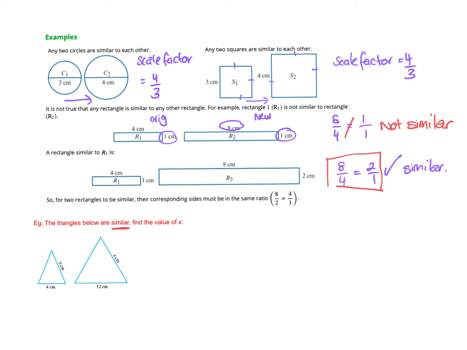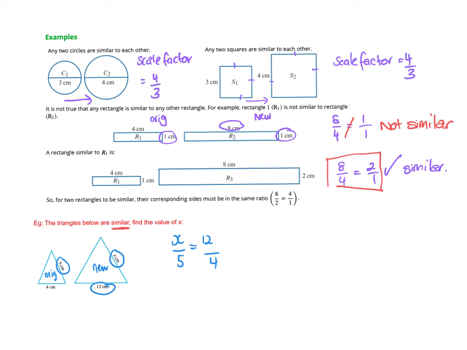So knowing that, I can set this up. So say here, I'll call this the new and this the original, okay? So I could say this side over that side, x over 5, needs to equal 12 over 4, all right?